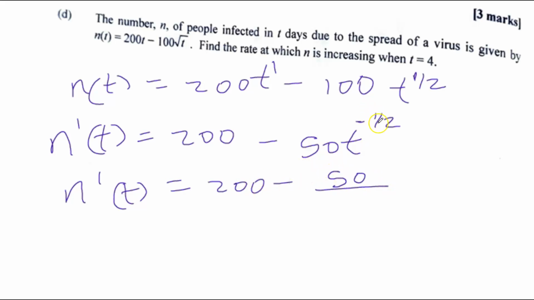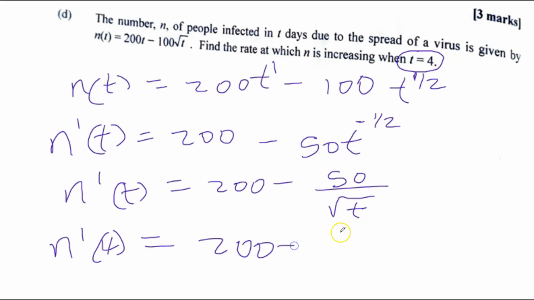Again, using the laws of indices, we can put back the t in the denominator. It will be t to the positive half, and t to the positive half is the same as root t. We want the value when t is 4. So the rate, we're finding n prime of 4. That's our solution. So that's 200 minus 50 divided by root 4.